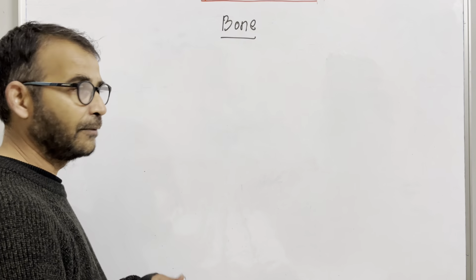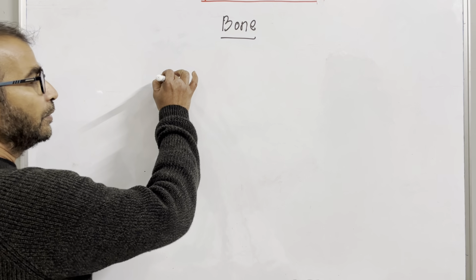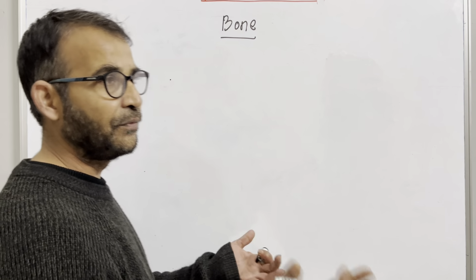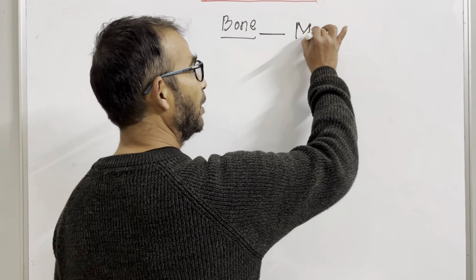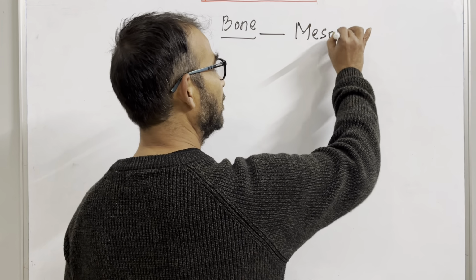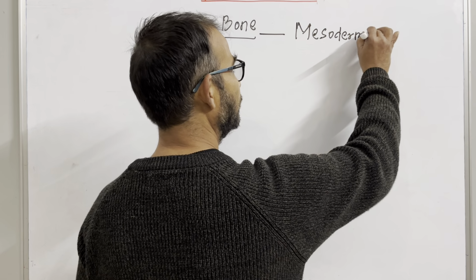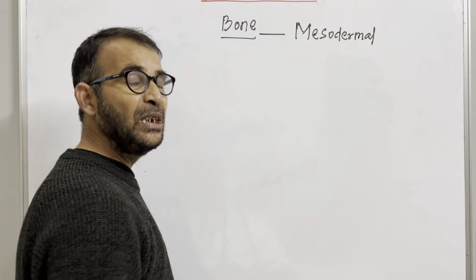So let us begin. A bone is a rigid connective tissue. As you know, it's a mesodermal connective tissue. It is formed from mesoderm.